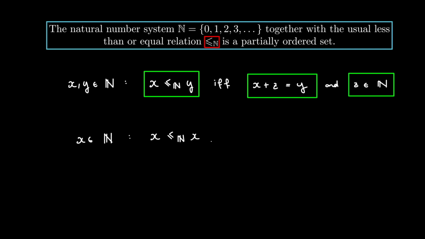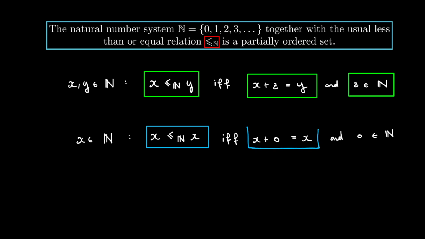Well, it's very simple. To verify this particular statement, we have to deconstruct it in terms of its definition and make the statement true for a specific z. And we can do that quite easily, because x plus 0 is equal to itself. And of course, 0 is a natural number. So that ends the discussion. Because this is true and this is true, what we want is true.